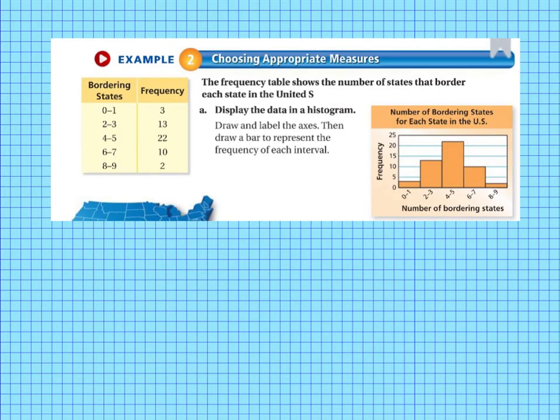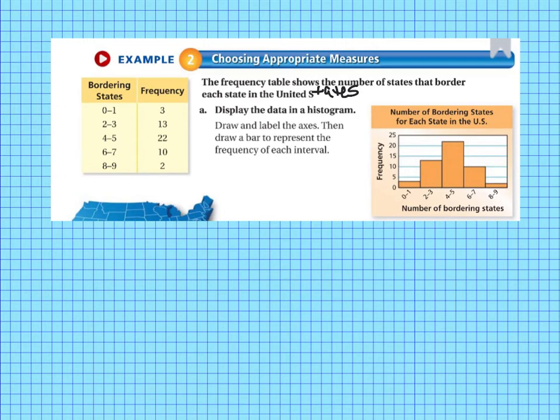Taking a look at example 2, the frequency table shows the number of states that border each state in the United States. That got cut off. And we are going to display the data in a histogram. So they've done that for you. Draw and label the axes. Then draw a bar to represent the frequency of each interval.